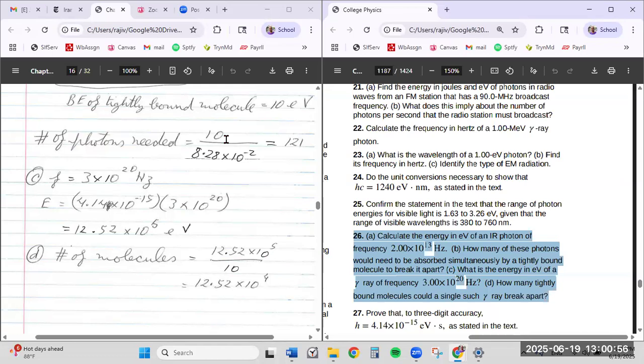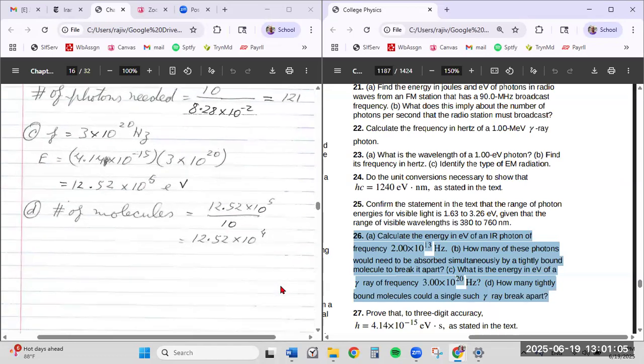Here it was 10 divided by the energy, and here it is the energy divided by 10. So anyway, one single photon of gamma radiation has enough energy to break apart 12.52 times 10 raised to 4 of these molecules.